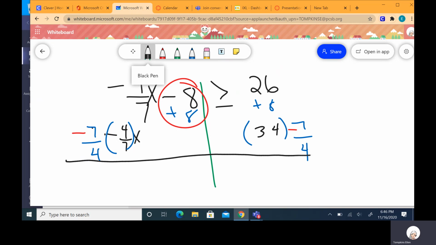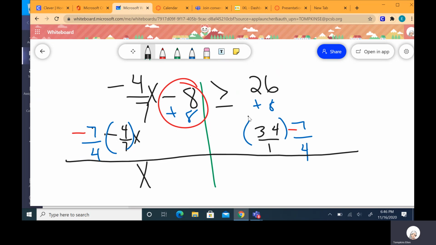When I do that, this x is a happy camper, dropped out by itself, not wearing a negative sign. He's good to go. Over here, I have problems. Boy, do I have problems. Okay, so I can cross cancel, or I could just go ahead and know that I have to simplify later. So I'm going to do that.